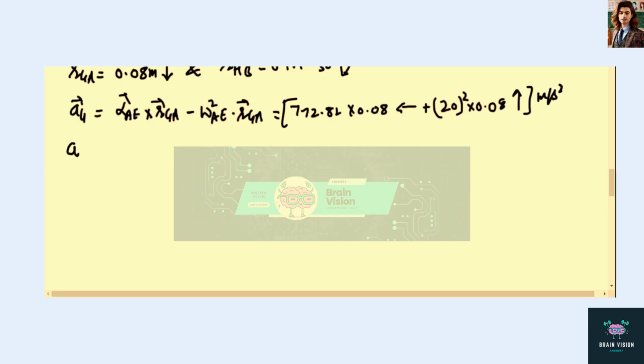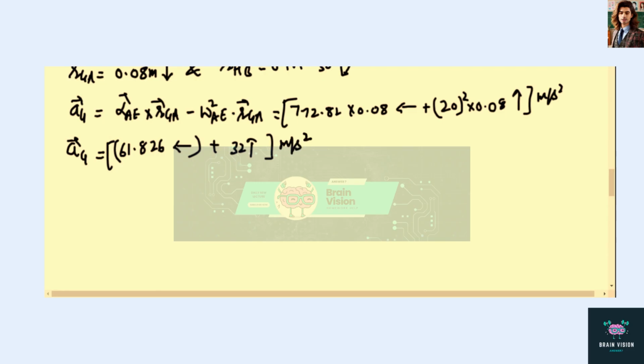So acceleration of G, we can write 61.826 towards left plus 32, unit is meter per second square.